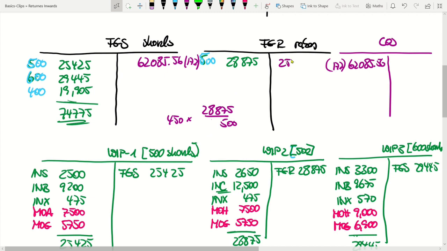I come up with 25,987.50. The contra entry is 17.4, so it gives me 25,987.50.